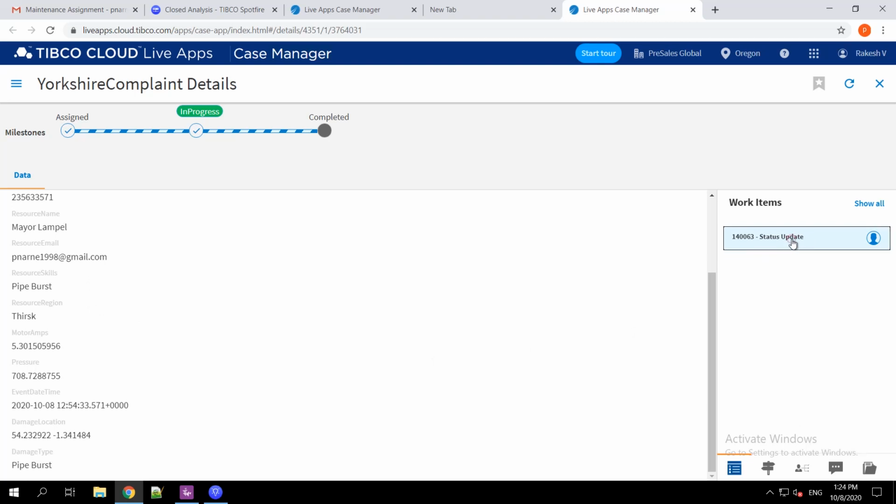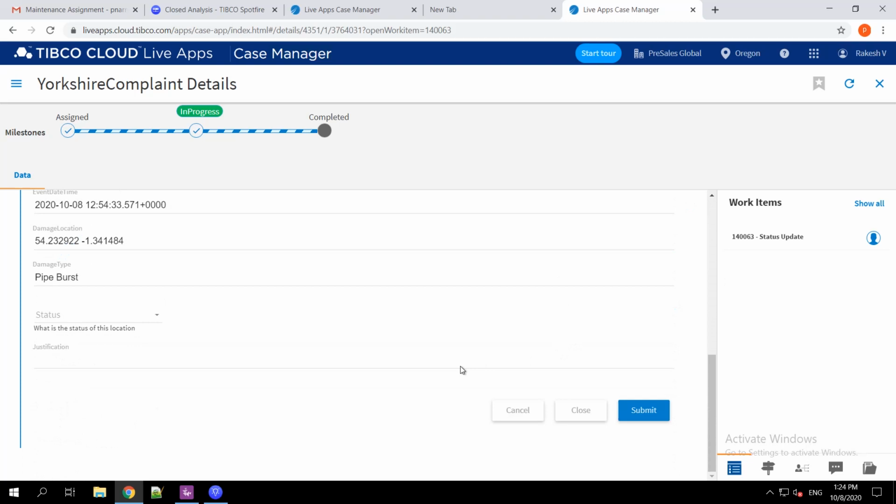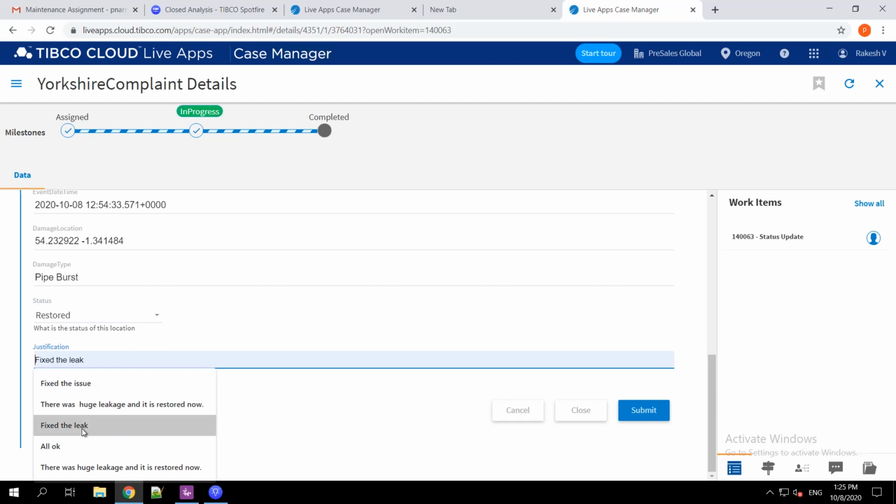Once he fixes this issue, he can change the status to restored. Otherwise, if additional assistance is needed, he can request that as well. But for now, in this case, I'm saying restored. Then we can say fix the leak, and he clicks on submit.